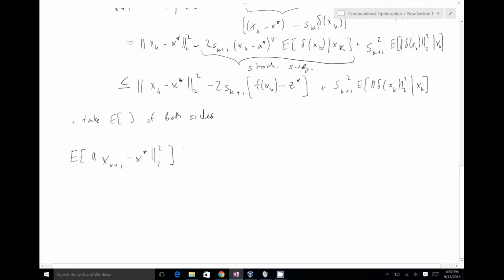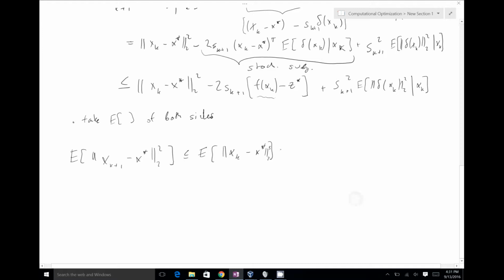So let's write down what happens to the right-hand side. Here I have the expectation of xk minus x star squared. So that's the expectation of this first term. On the second term, the only thing that's random is this.